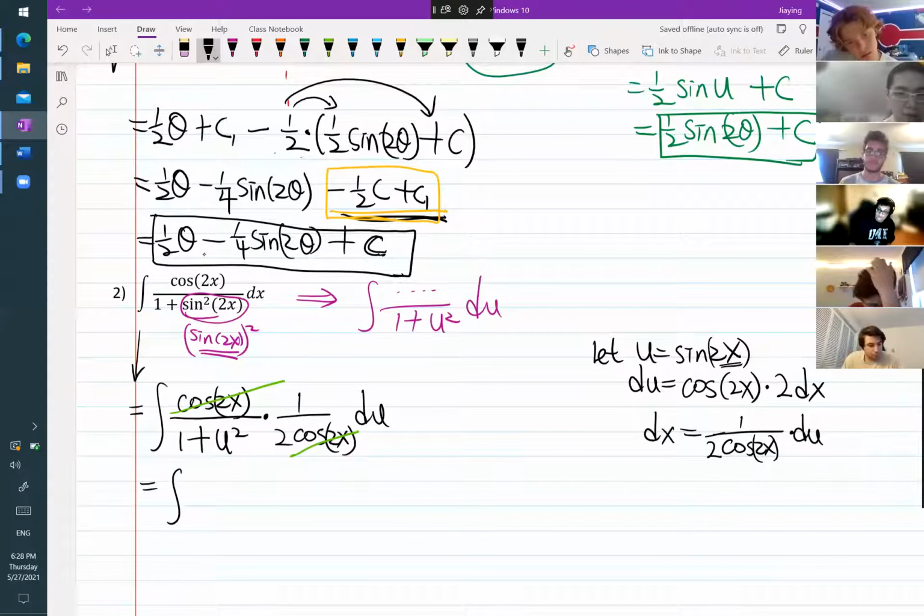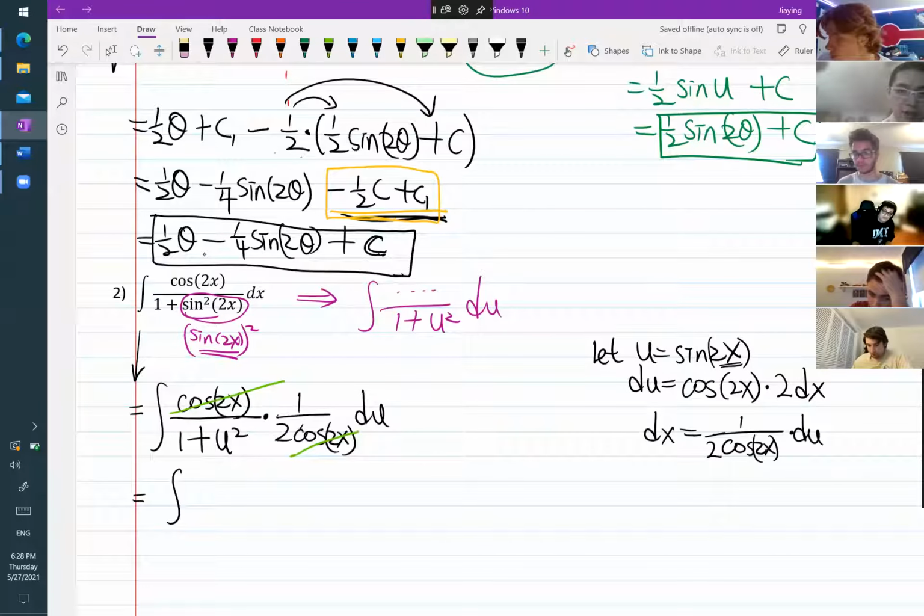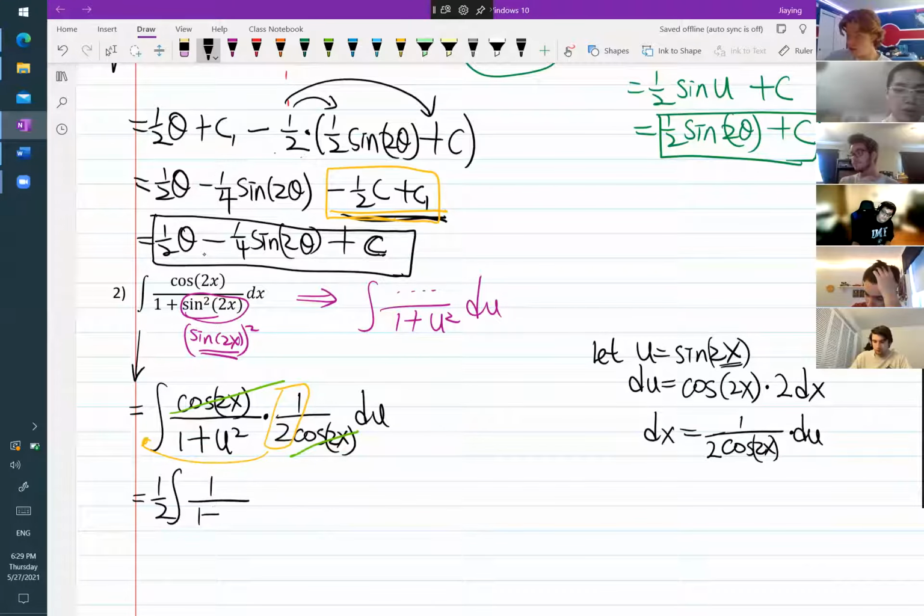There's a 1/2 here, so I'm going to bring the half in front of the integral. So that just gives me 1/2 integrating 1 over 1 plus u squared du.